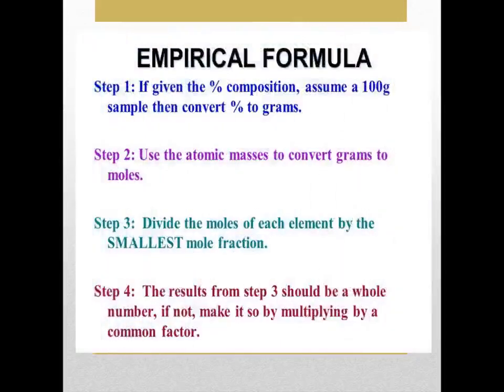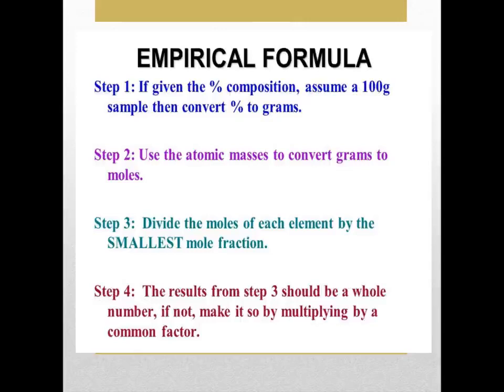Now, see, there is the determination of empirical formula. Steps to determine empirical formula. First of all, what you have to do? Since the composition is expressed in percentage, we can consider the total mass of the compound as 100 gram.